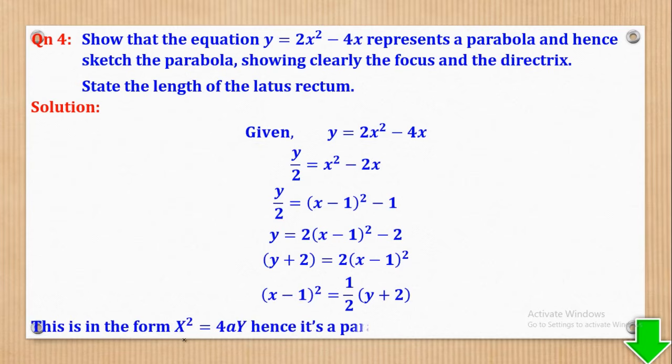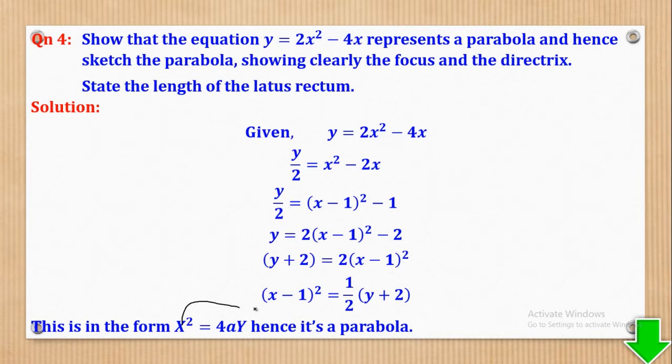So then when I rearrange, I'll come up with this, because you should start with a square. Then we shall conclude that this is in the form X squared equals 4aY. Now it is X squared because this term of x is the one which is squared. Hence it is a parabola. So we have shown. Now next they want you to sketch the parabola showing the focus and directrix and the length of the latus rectum.